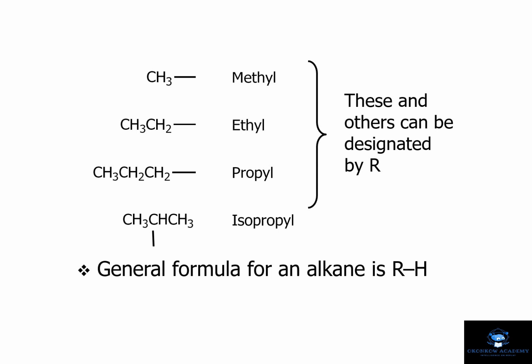Whenever you see R in an organic structure, it represents any carbon substituent. So the specific identity of R doesn't change the reaction at the functional group. R is a placeholder. Focus on the functional group. That's where the chemistry happens.